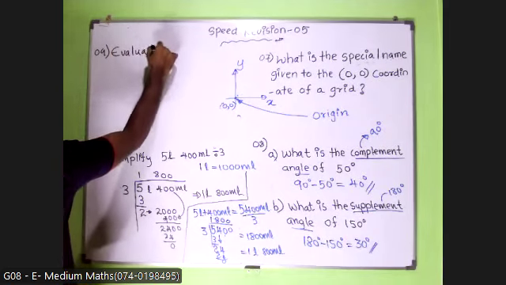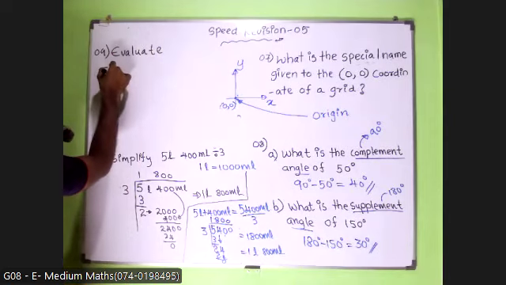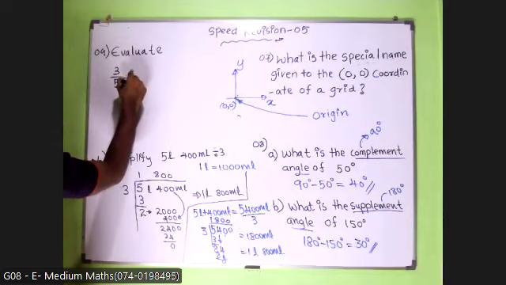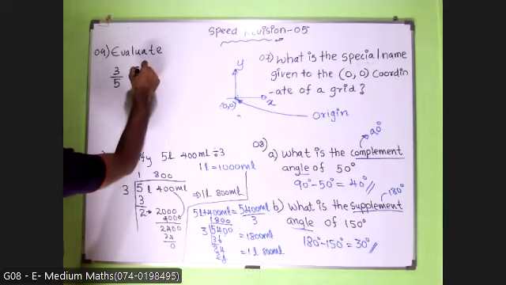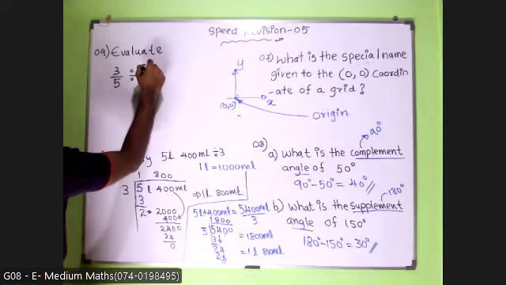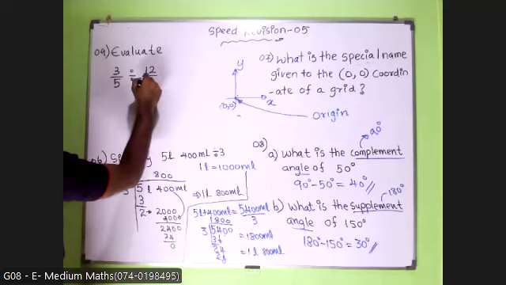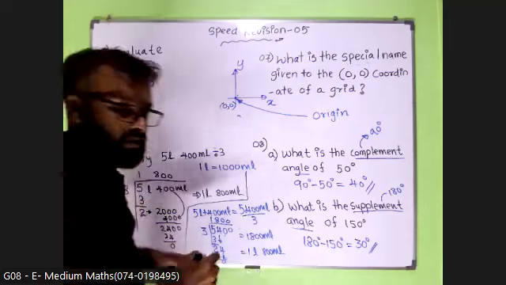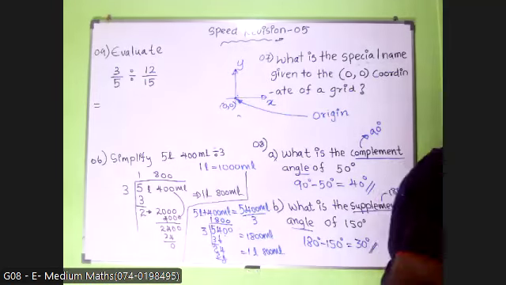Evaluate 3/5 divided by 12/50. Do this, make it the last one.